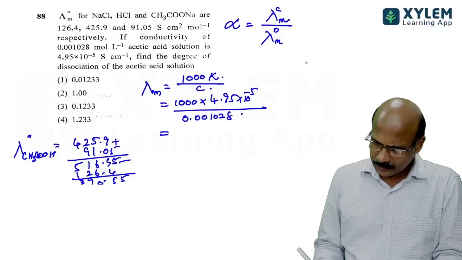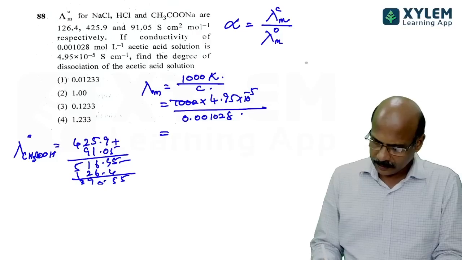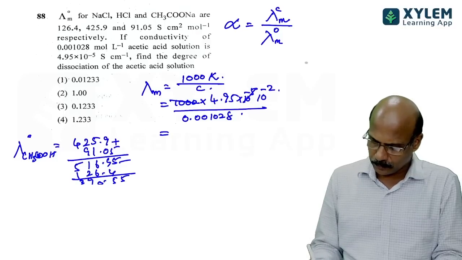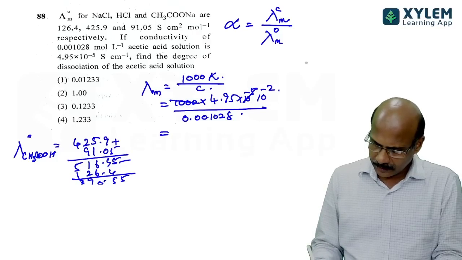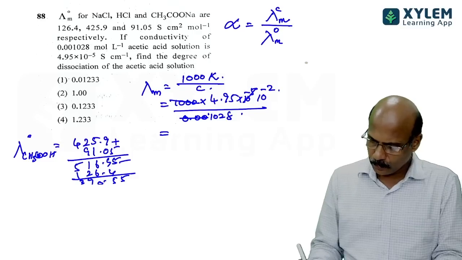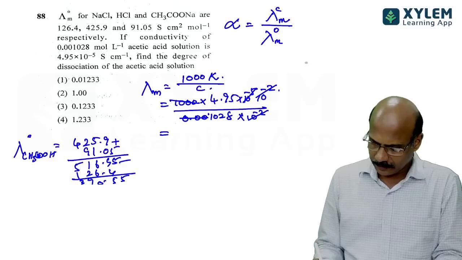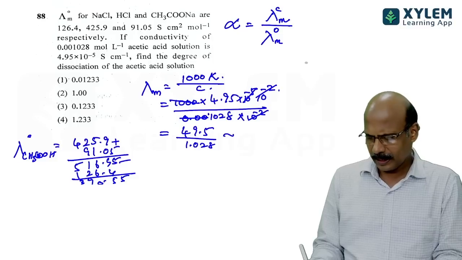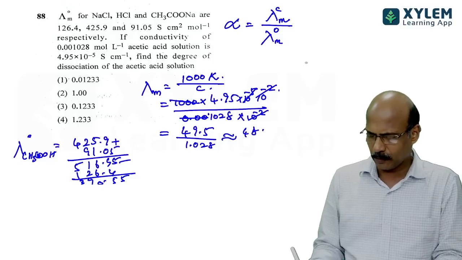Clear? On solving, you can cancel 1000 over here, so that 10 to the power of minus 2. This you can take as 0.1028 into 10 to the power of minus 2, so that you can cancel here. Or 49.5 divided by 1.028 you can write. It can be approximated nearly to 48.